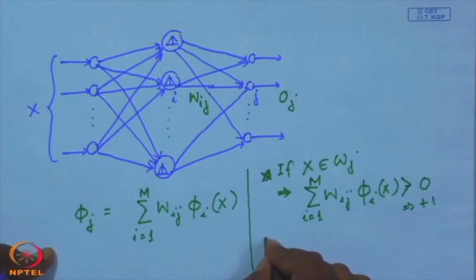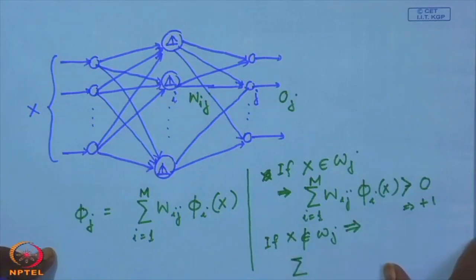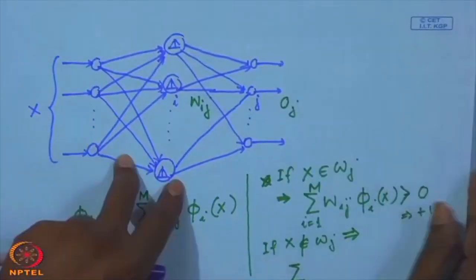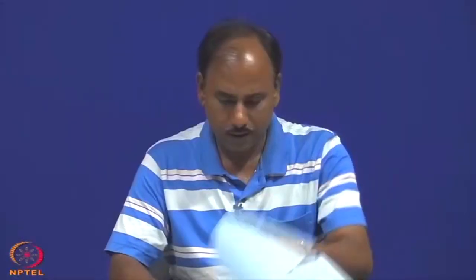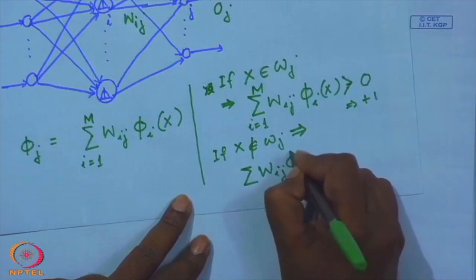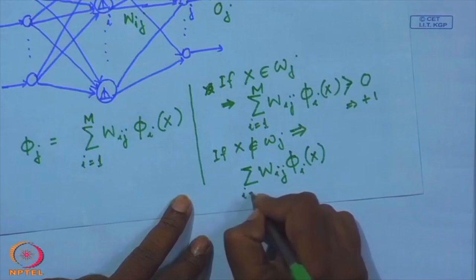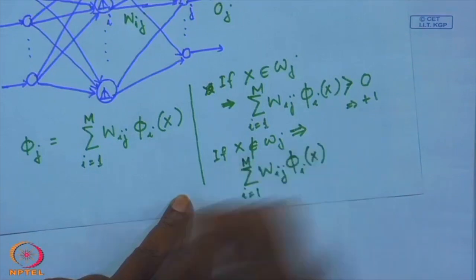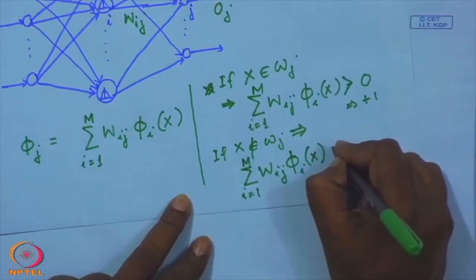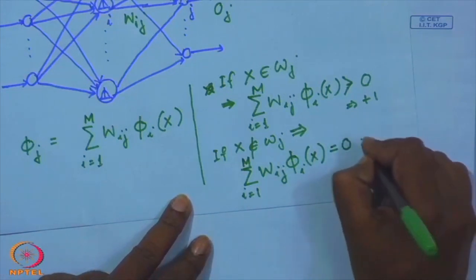And if x does not belong to omega j, that indicates that sum of W i j into phi i x, i varying from 1 to capital M, that must be equal to 0, or I can also put it as minus 1.